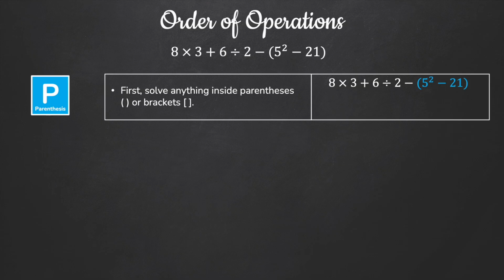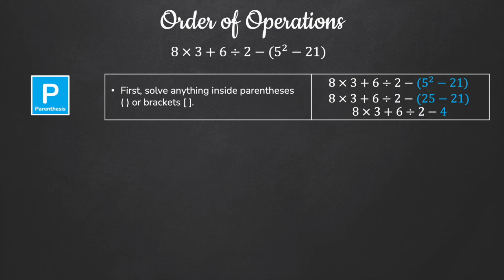So we're going to do the exponent first because our acronym PEMDAS tells us that our exponent comes before subtraction. So 5 squared is equal to 25. So we're going to substitute 5 squared for 25. Now we could go ahead and subtract, and 25 minus 21 is equal to 4.